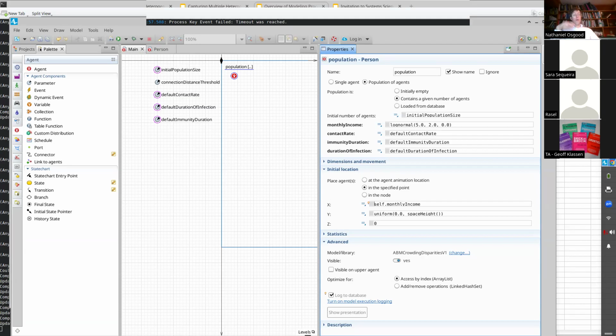So one of the ways we could go with this model in coming days would be to have interventions that focus on particular individuals and update certain things about them, like their contact rate or their immunity duration, or their infection duration. Those interventions will operate upon a person and change the value of their parameter that then applies.